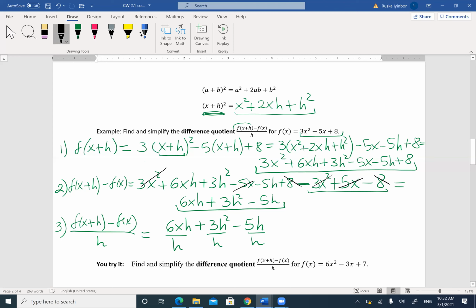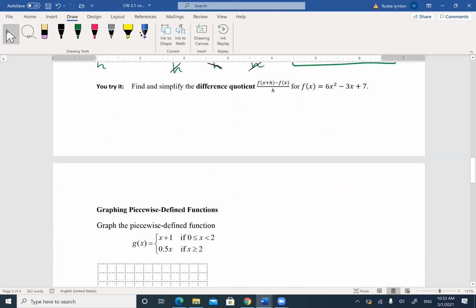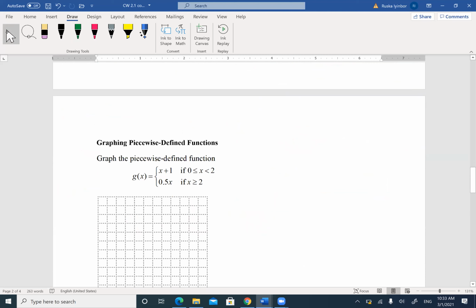And here we're going to cancel one h, h squared cancels with h, and the last h cancels too. All the h's in the bottom cancel. And my final answer is 6x plus 3h minus 5. Okay? So that's how you do the difference quotient one more time. And then I'm going to go over the piecewise functions.